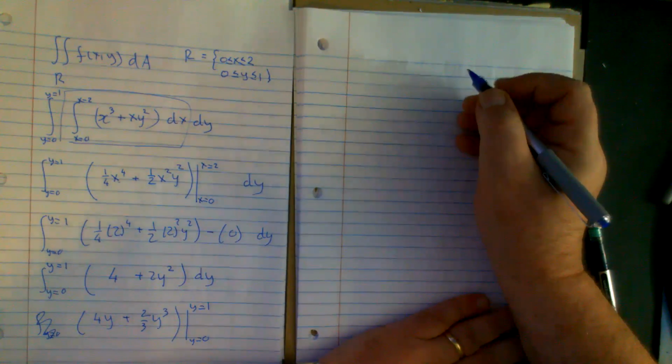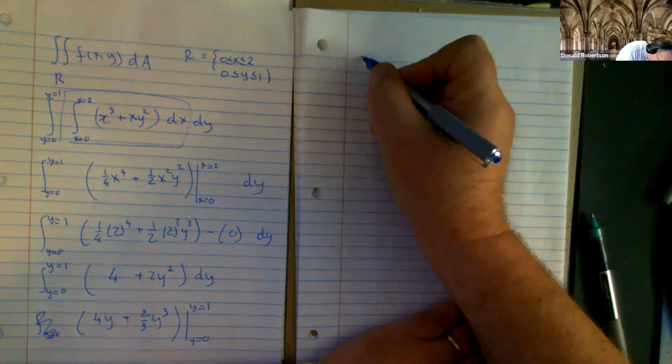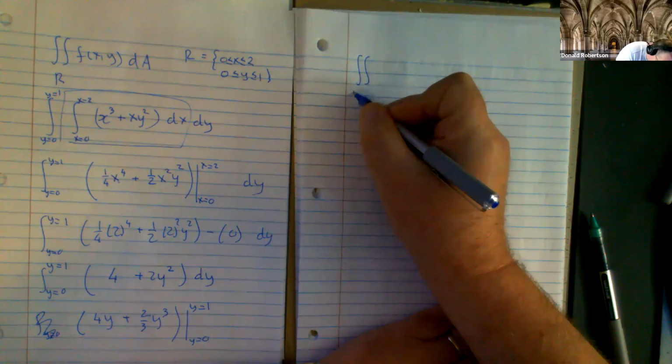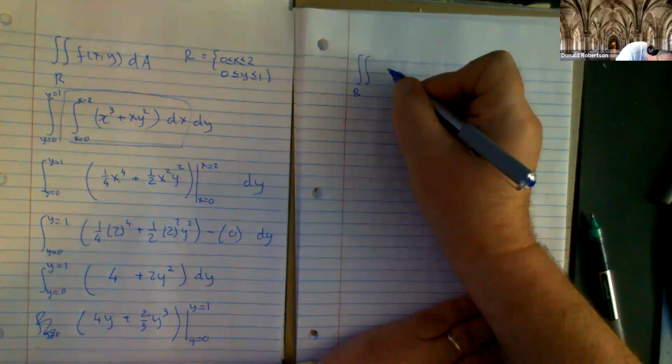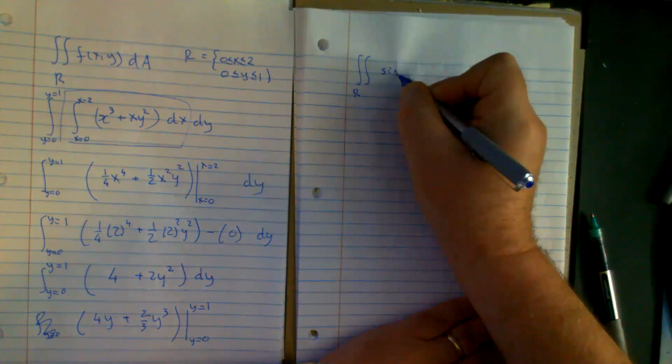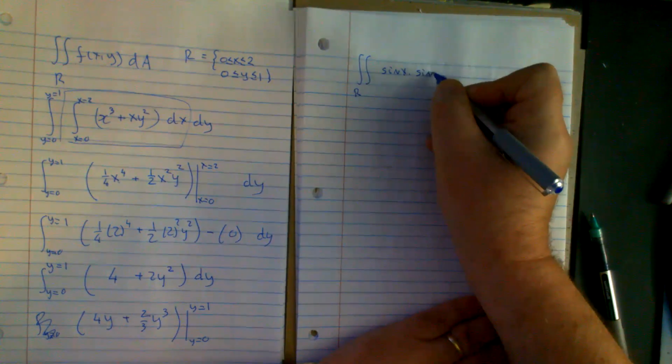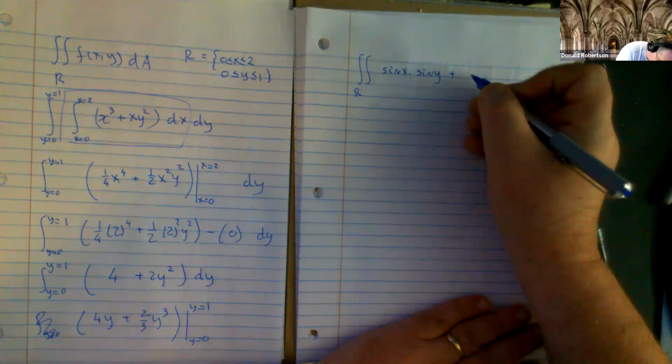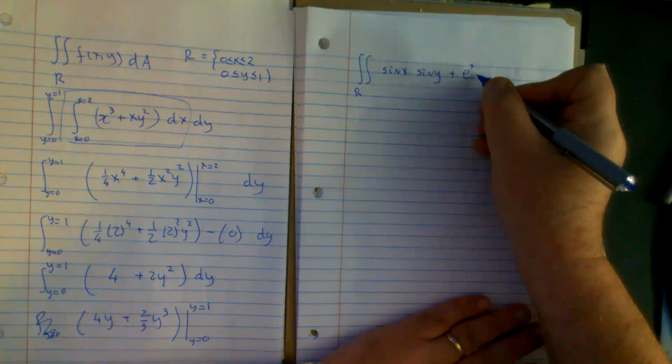Let's find a double integral over some region R, and the function is going to be sine x sine y plus e to the x plus 2.